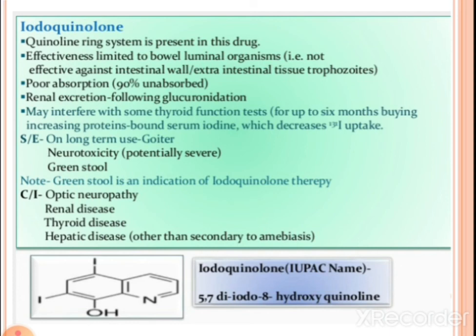The side effects of this drug: on long-term use it causes goiter, because we can see iodine in the structure. Neurotoxicity will also be there, potentially severe, and also green stool. So these are the three basic side effects of this drug. Note that green stool is an indication of iodoquinol therapy.